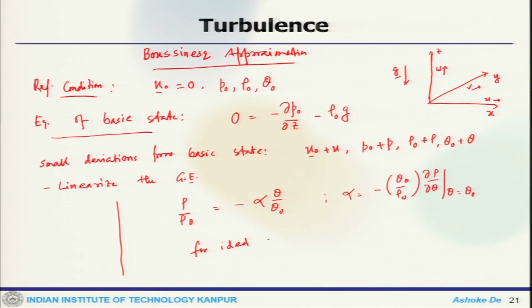For ideal gas, alpha would be 1. This is my linearized equation of state.